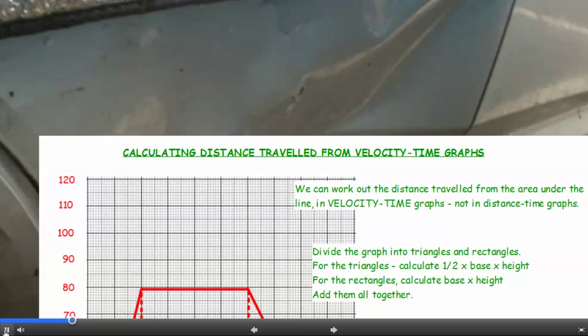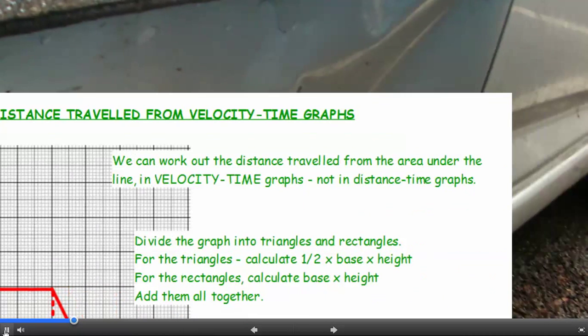Now another thing you need to be able to do is to calculate the distance travelled by a vehicle using a velocity time graph. This is one where you have to work out the area underneath the line. So we can work out the distance travelled from the area under the line in velocity time graphs, but not in distance time graphs, only in velocity time graphs.